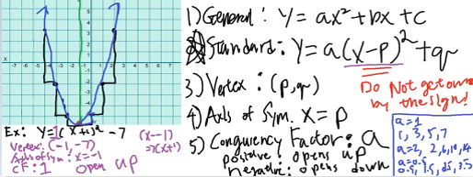Move right 1, move up 3. Move right 1, move up 5. That's why this pro tip is really useful. All right, let's move on to the next one.